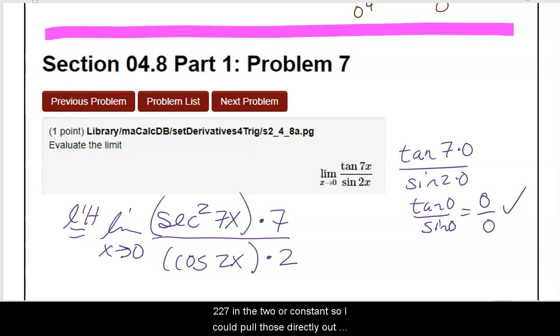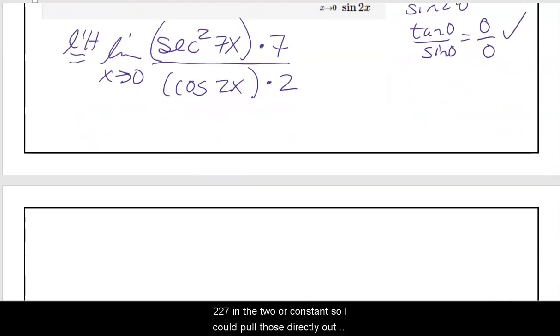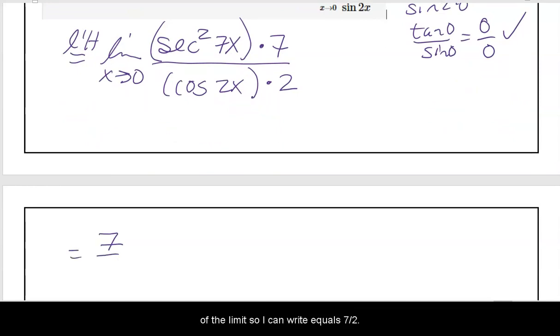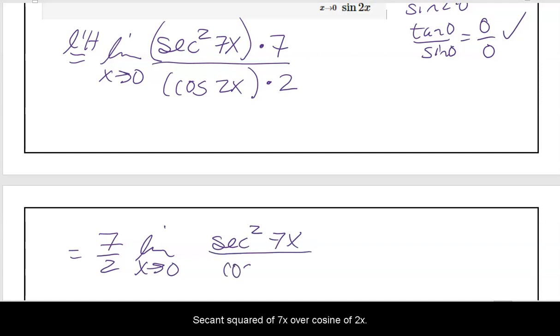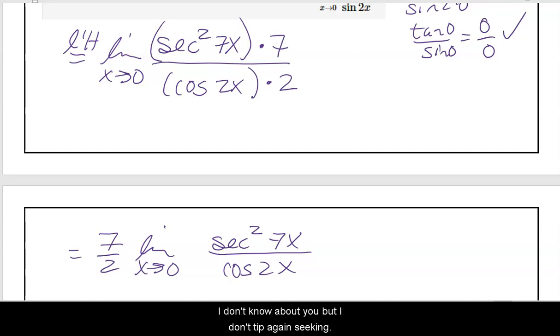The 7 and the 2 are constants, so I could pull those directly out of the limit. So I could write equals 7/2 times the limit as x goes to 0 of secant squared of 7x over cosine of 2x. Now, I don't know about you, but I don't typically think in secant.